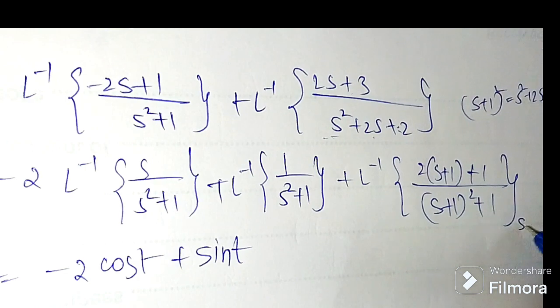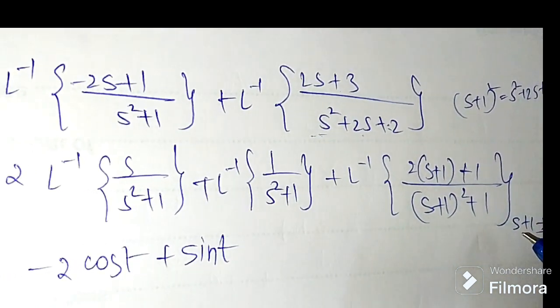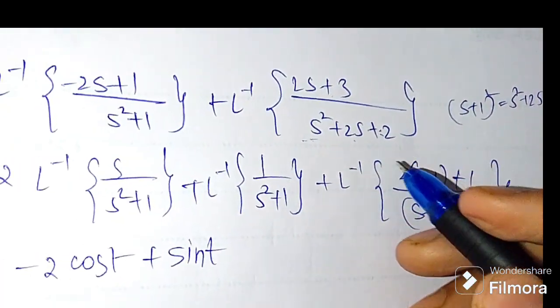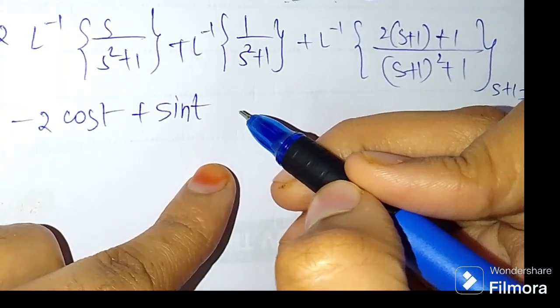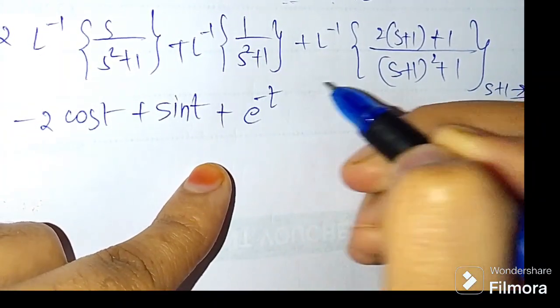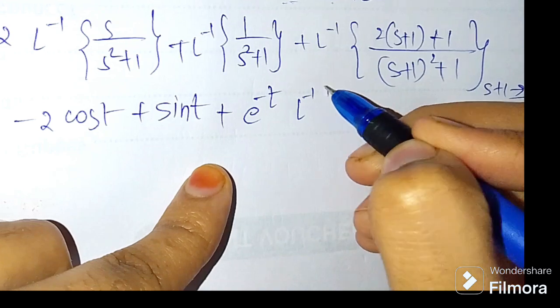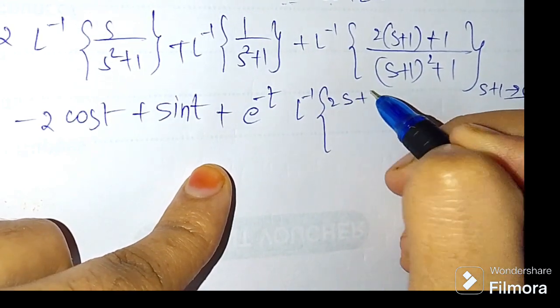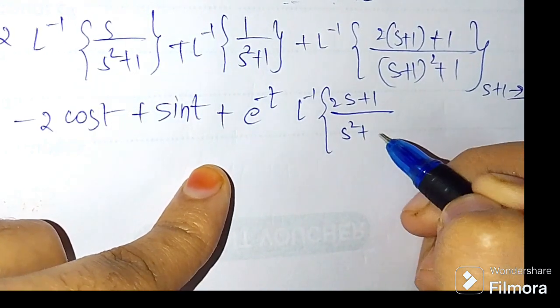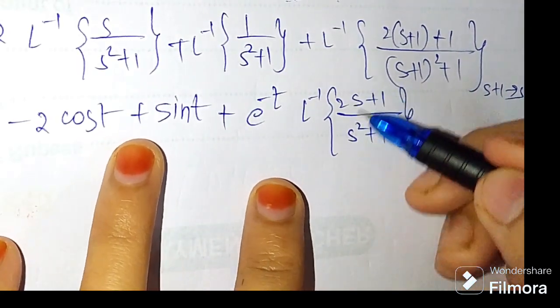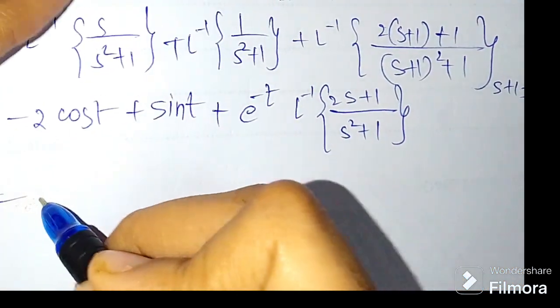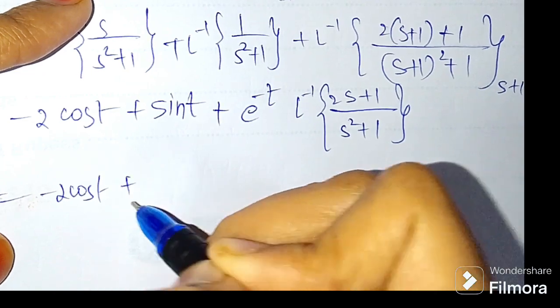So now see, this is my minus 2 cos t, this is sin t, and this one I'll shift my s plus 1 to s. So for that I'll write e power minus t, Laplace inverse of 2s plus 1 by s square plus 1. Now it's easy. So you again divide it. So minus 2 cos t plus sin t.